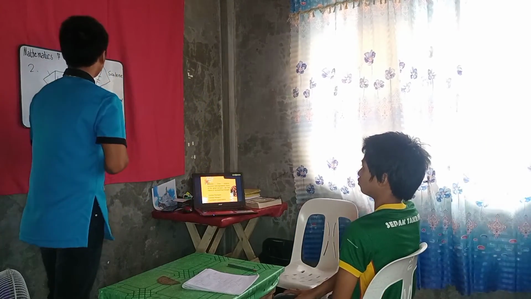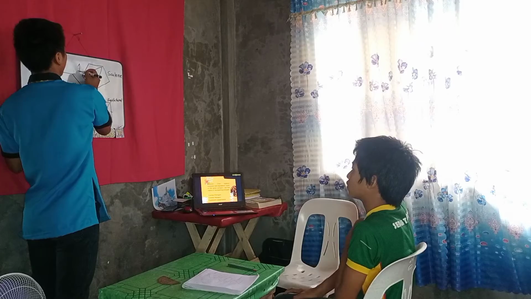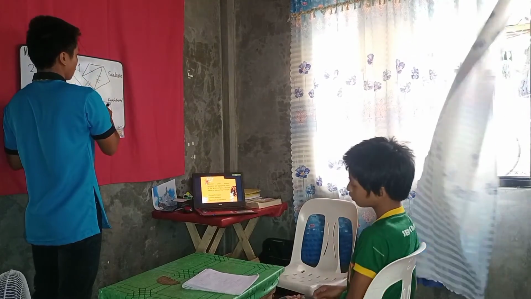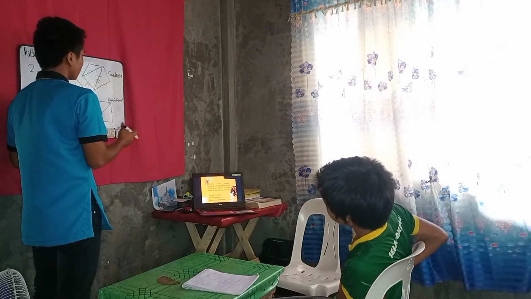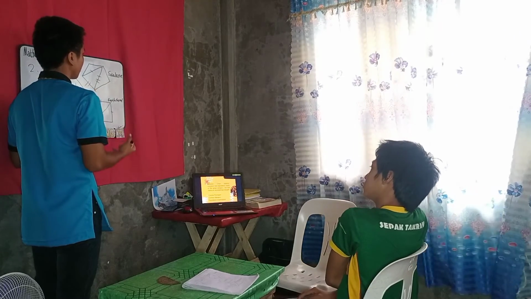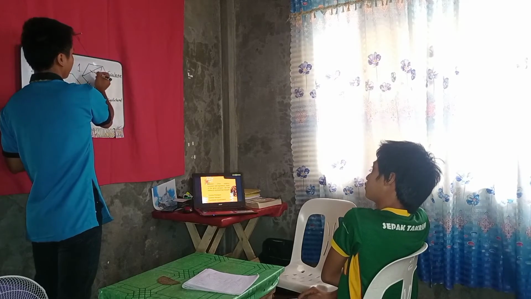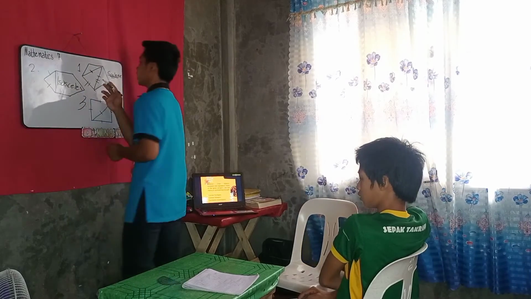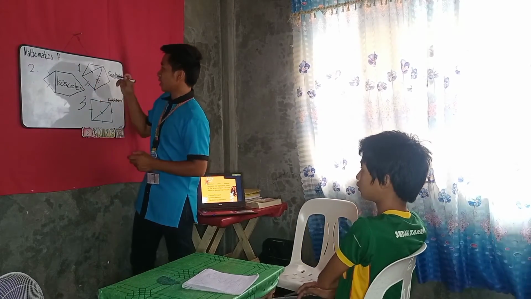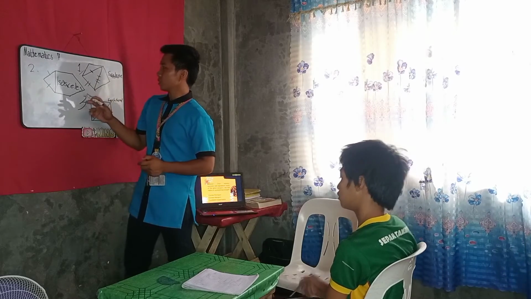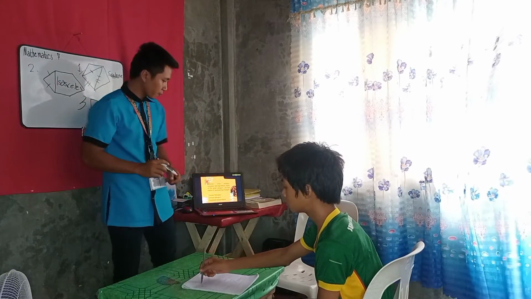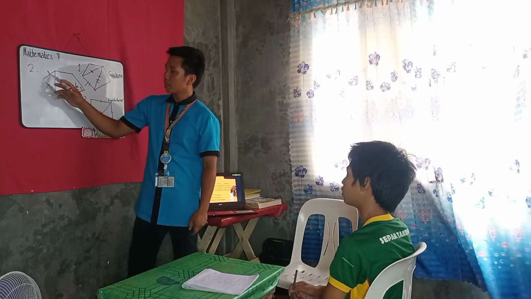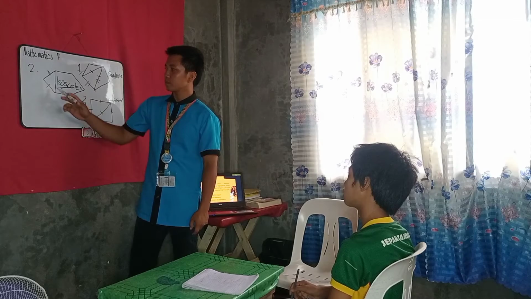So, number 1, we created a scalene triangle. With the use of tick marks, we can represent our triangle as a scalene triangle, created inside our pentagon. For number 2, from our convex hexagon, we created an isosceles triangle.